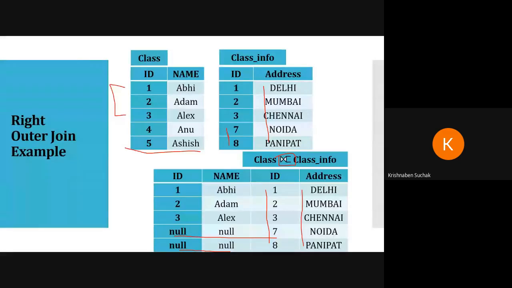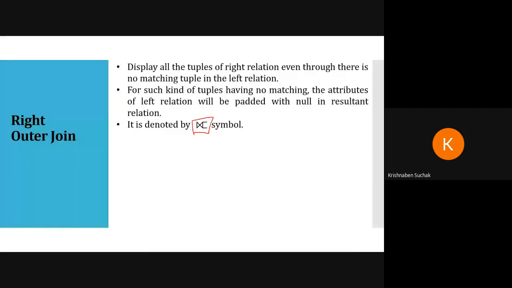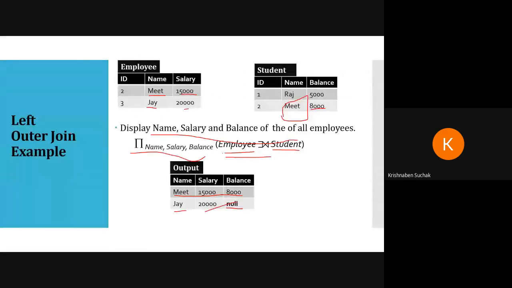Okay, so answer me this. If I perform right outer join in the example of left outer join, with the employee and student tables, then whose name, salary and balance will I get?